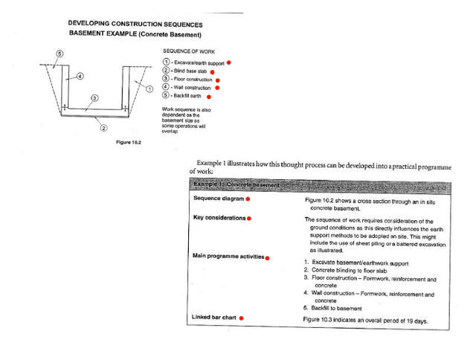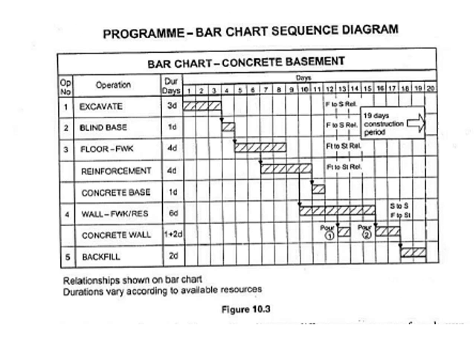This might include the use of sheet piling, battered excavations, etc. Then looking at the program activities, we've got all the items listed there: excavations, concrete blinding, floor construction, wall construction, and then your basement. You put in your time to that, and then you can build your program, your bar chart. And this is the bar chart that they've done. It's a very nice example of how you can build up your bar chart easily.